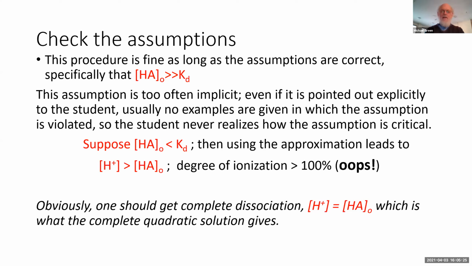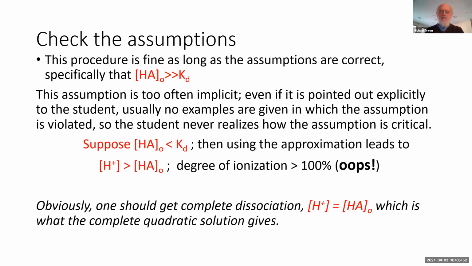But suppose it is in the other direction. Suppose you have a KD that is greater than the initial concentration of the acid. You use 10 to the minus 4 molar acid, and the dissociation constant is, let's say, 10 to the minus 3, and you wind up with more acid than you put in initially. So you have a degree of ionization that is greater than 100%.